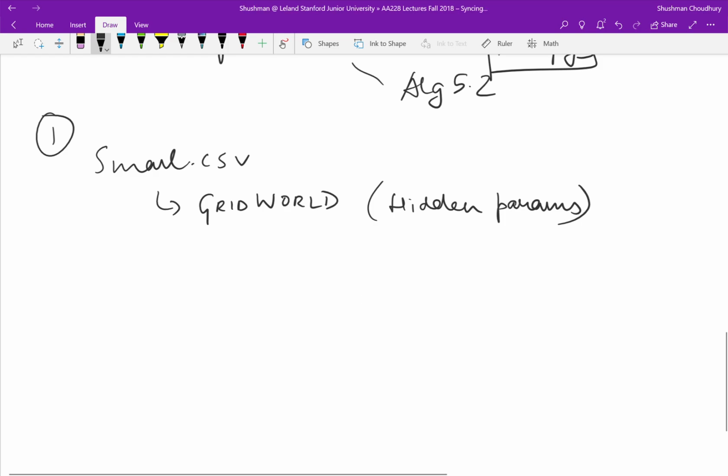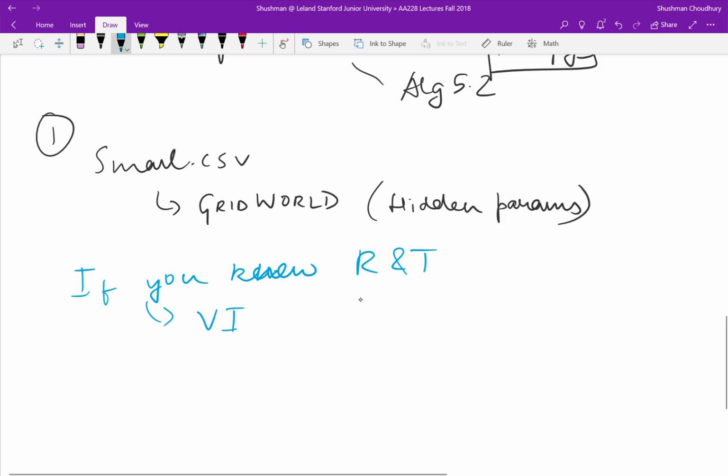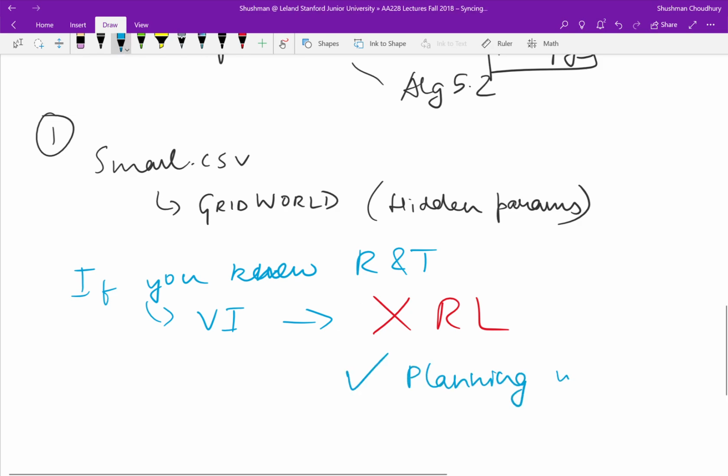A reminder, and this is rather important. If you knew R and T and then did value iteration, that is not reinforcement learning. That is planning, or solving an MDP.